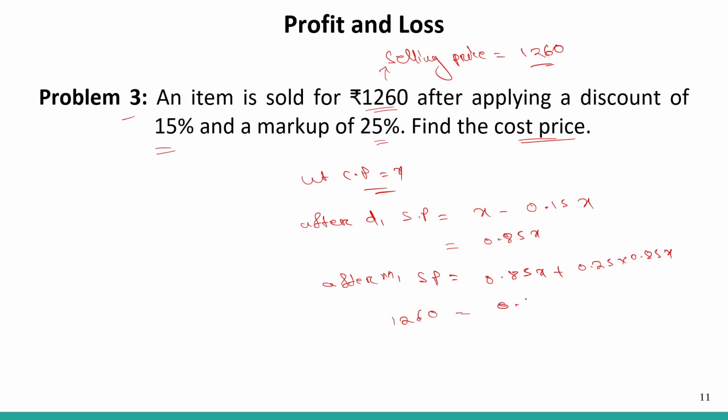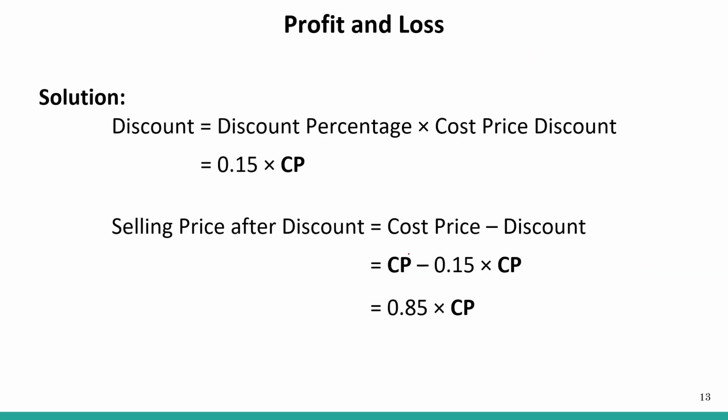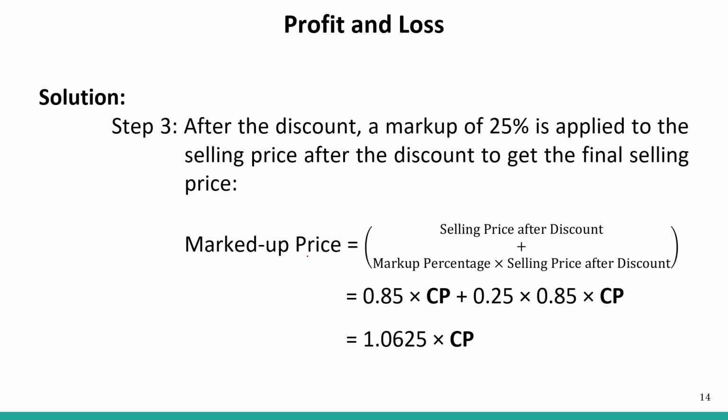So this is equal to 0.85 into CP. So markup price is equal to selling price after discount plus markup percentage into selling price after discount. So 0.85 into CP plus 0.25 into 0.85 into CP is equal to 1.0625 into CP.